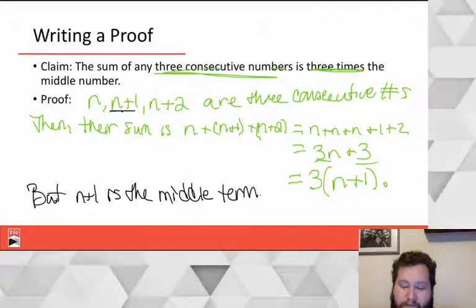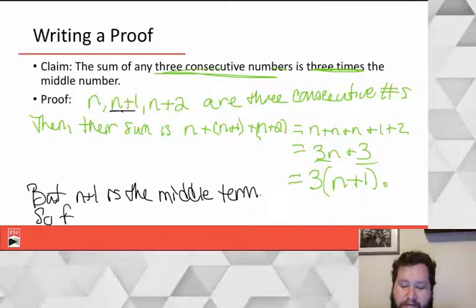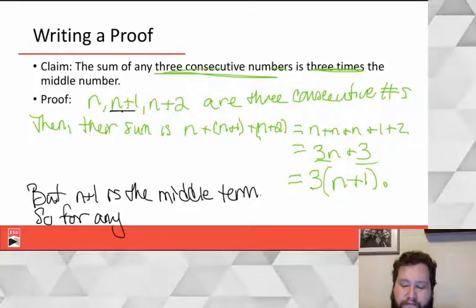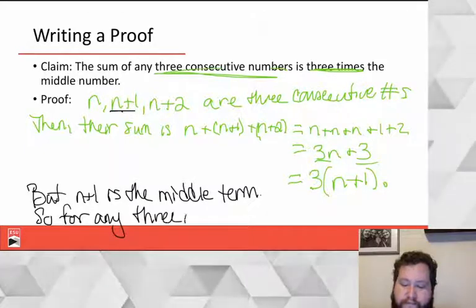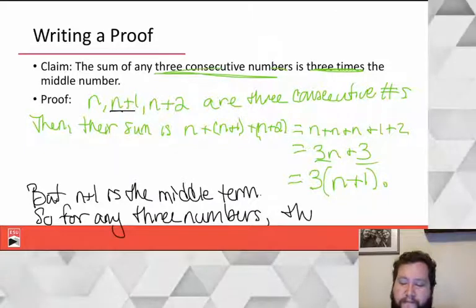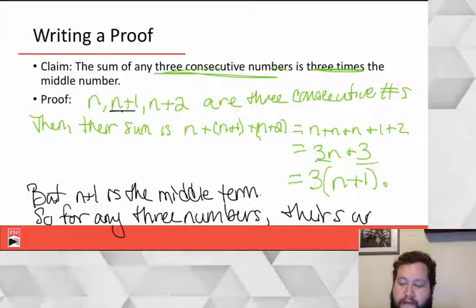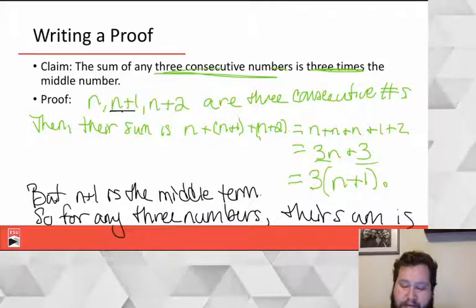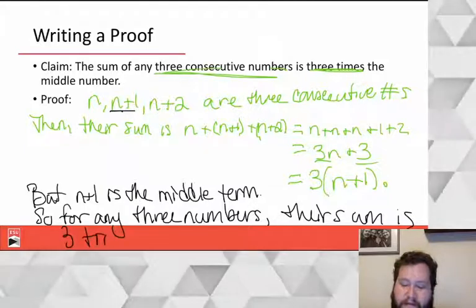So, for any 3 consecutive numbers, their sum is 3 times the middle number.